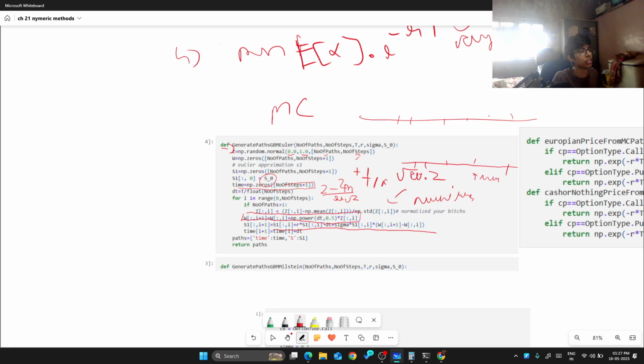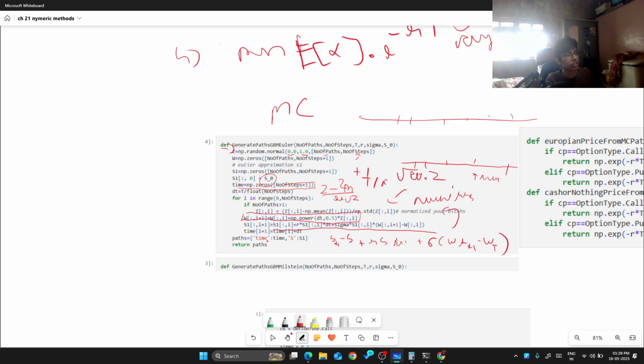You can see that S(t+1) equals S(t) plus r S dt plus sigma times (W(t+1) minus W(t)), the discretization form.